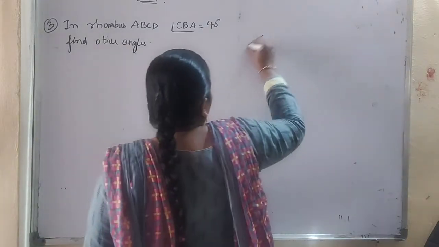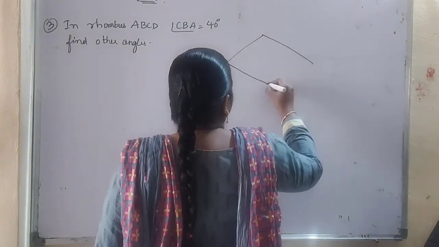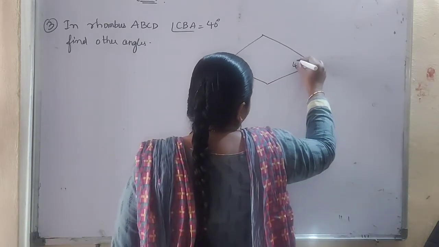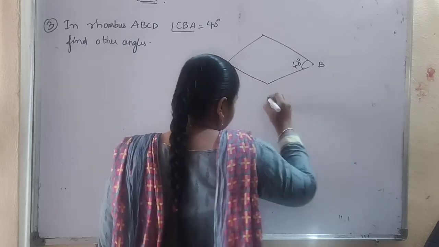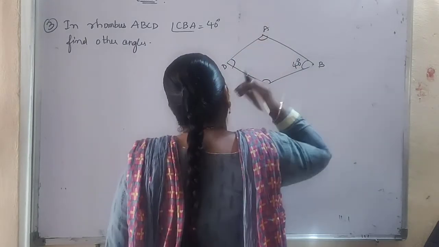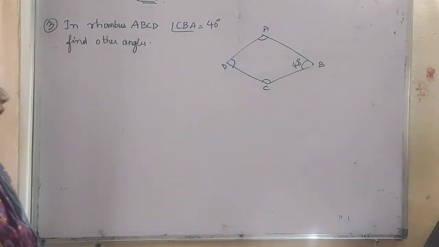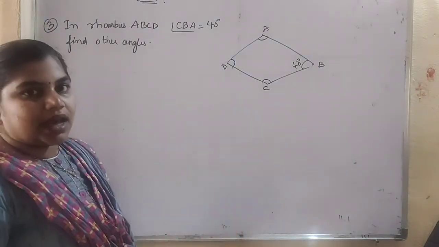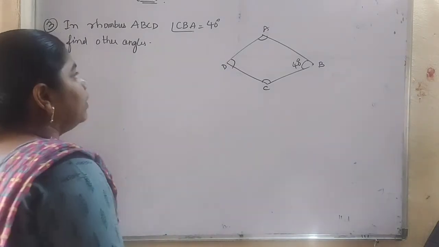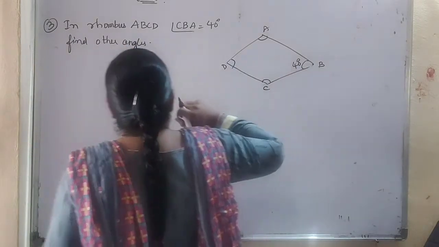So now I am drawing a rhombus figure. They have given us 40 at B. We have to find all the other angles. By the properties of a rhombus, opposite angles will be equal. So if it is 40, here also it will be 40.